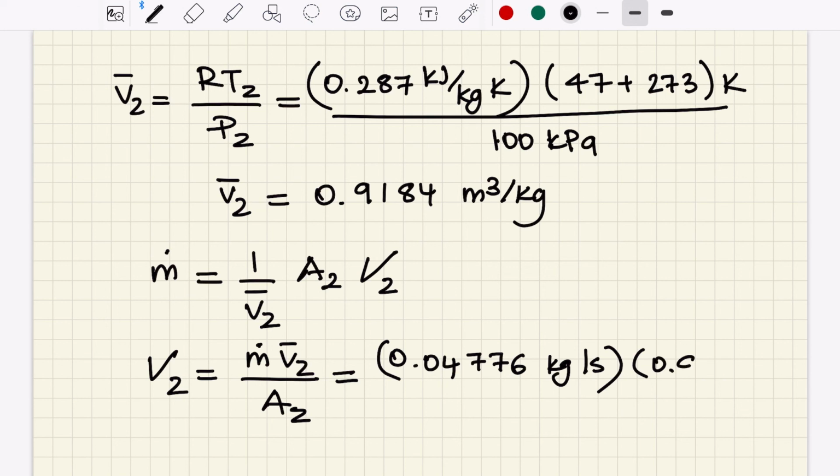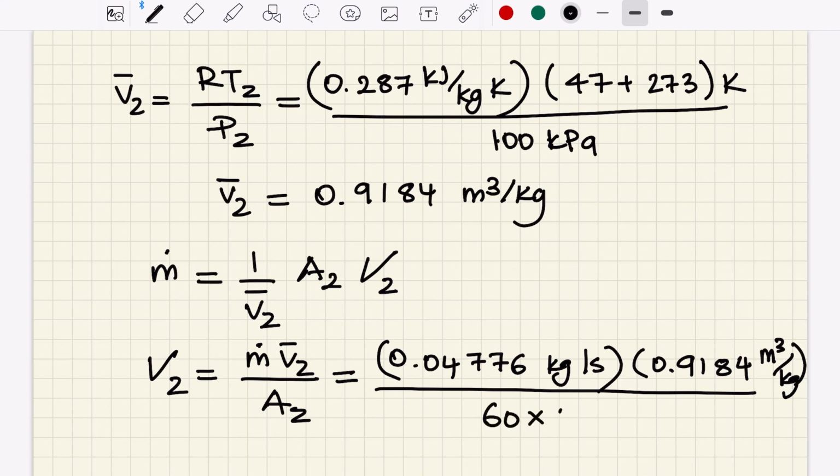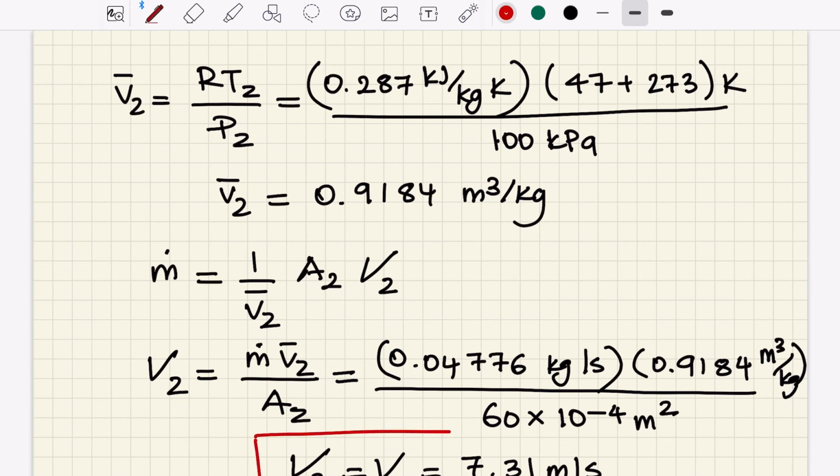Specific volume is what we just found, and area was in centimeter squared, so we have to be careful to convert that to meters squared. This gives us an exit velocity of 7.31 meter per second. All right.